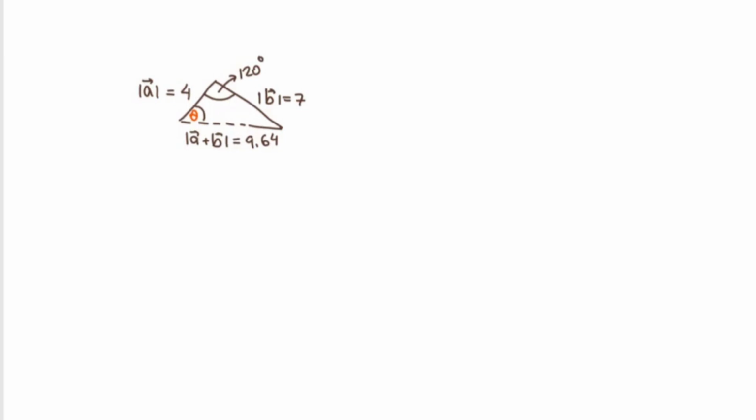So the pair that we've set up first will be sine of 120 degrees over 9.64 equals sine of theta over 7.